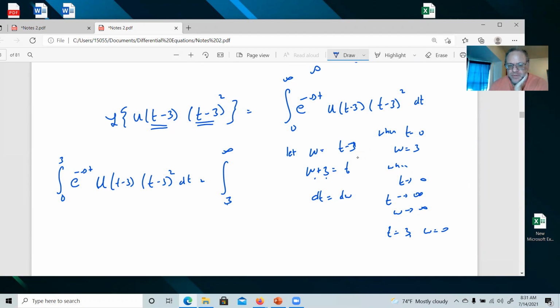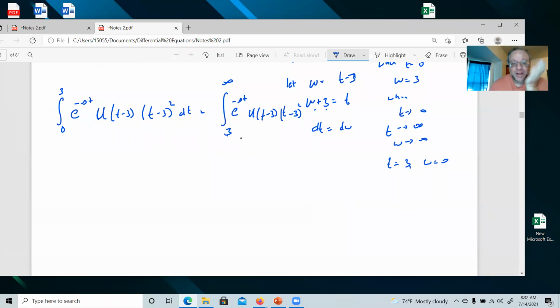Once we're at 3, this is turned on, so it's now 1. Until we get to 3, from 0 to 3, this function is 0, so this whole part is just going to be 0.